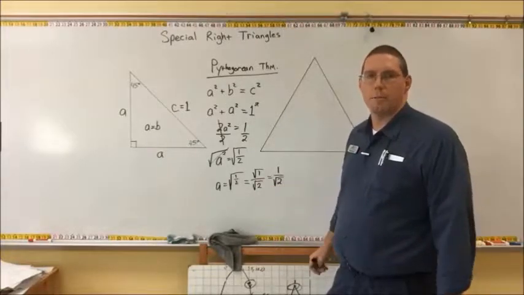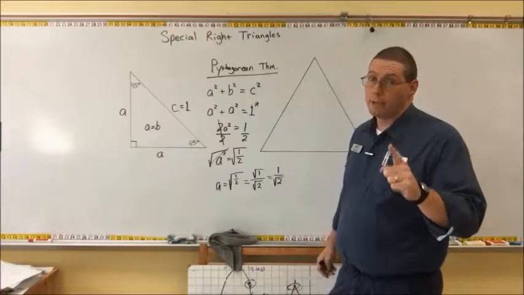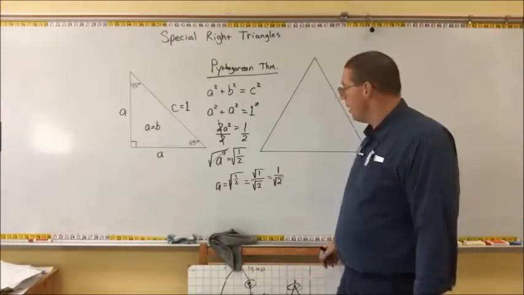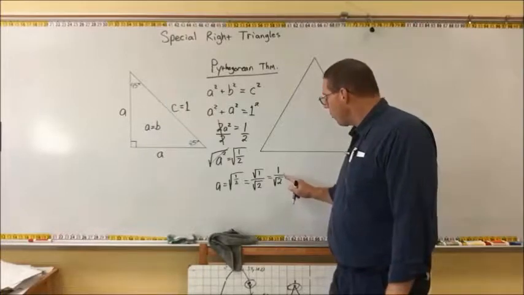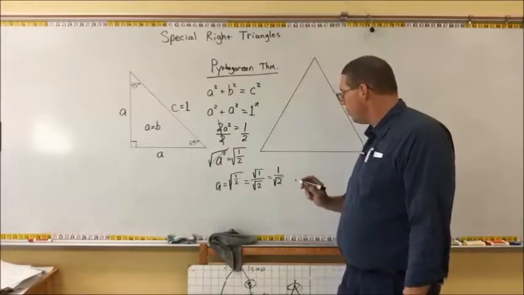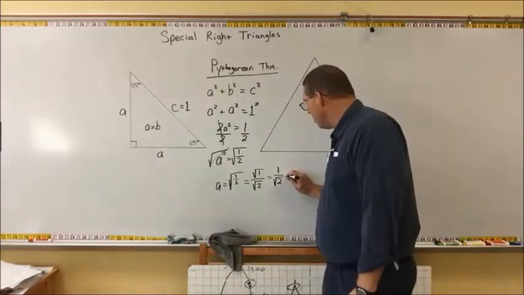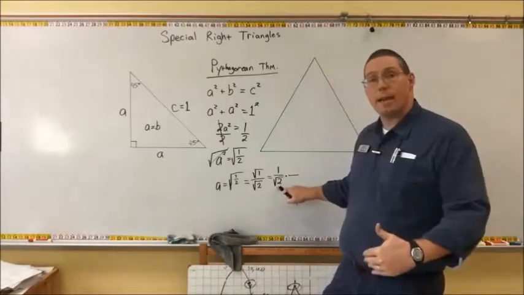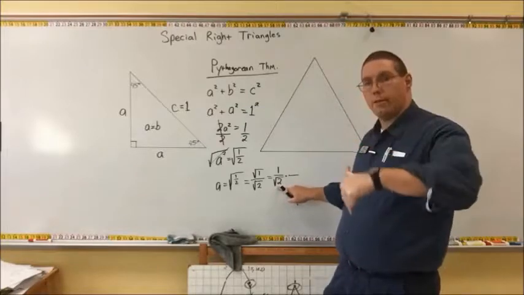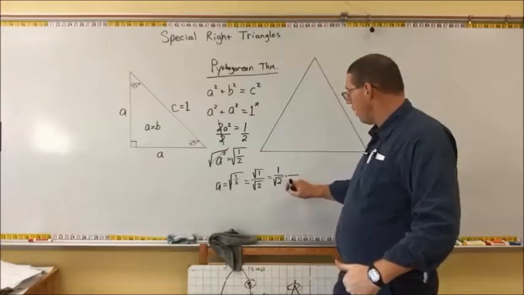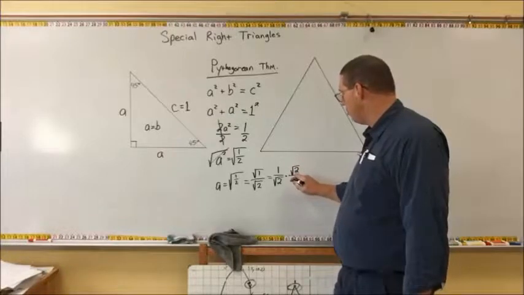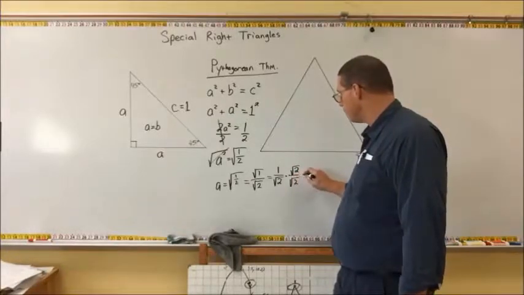But in an algebra class, we don't like it. And so typically the way we do that is we multiply by a fraction that has the denominator in the numerator and the denominator. We've got the square root of 2 here, so we're going to multiply by the square root of 2 over the square root of 2.